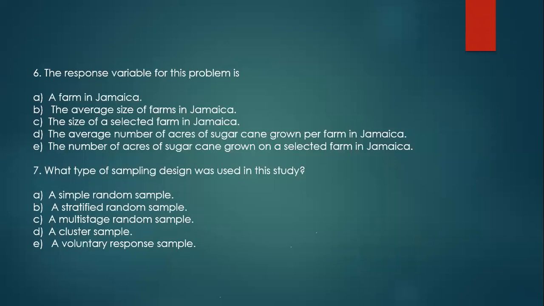Question 7 now says, what type of sampling design was used in this study? So was it a simple random, a stratified random sample, a multi-stage random sample, a cluster sample, a voluntary response sample?